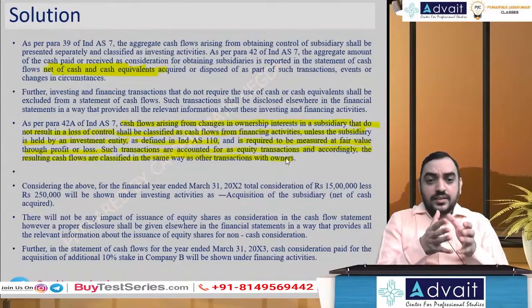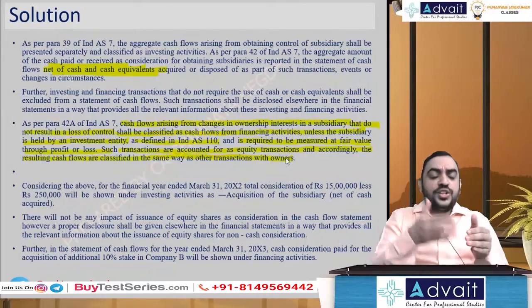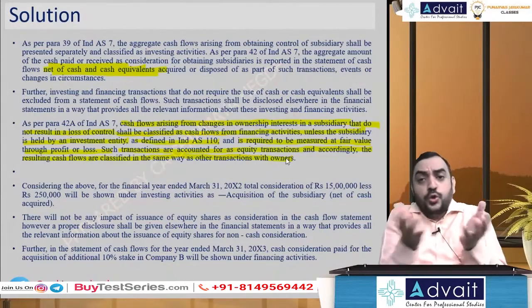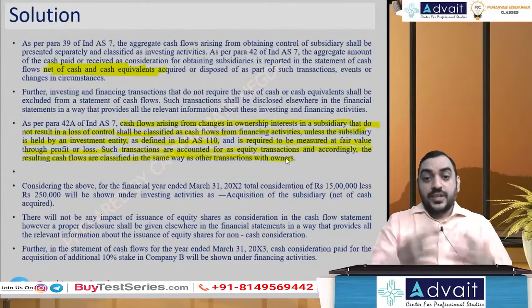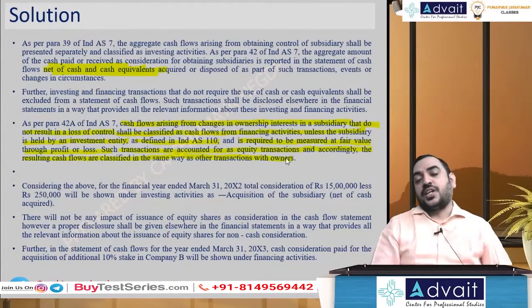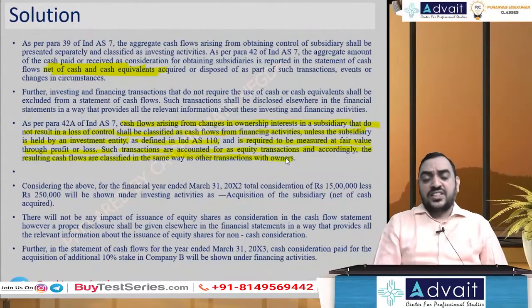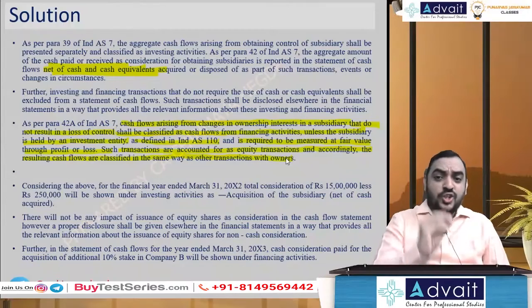You are having shares of 1 lakh. You issue additional 10,000 shares or you do buyback. Which activity will you report this? Issue of shares or buyback of shares? Normal activity I'm asking. Will you report it as investing? Will you report it as operating?